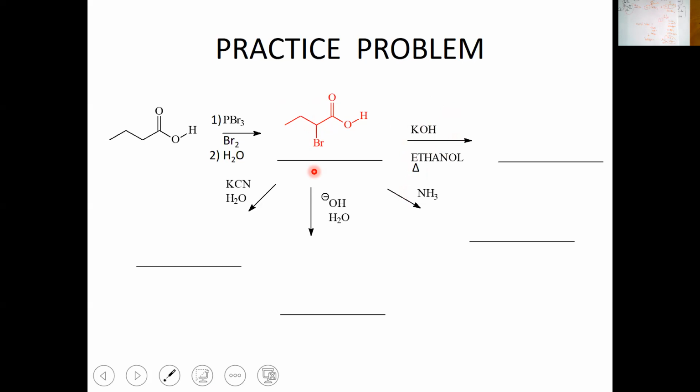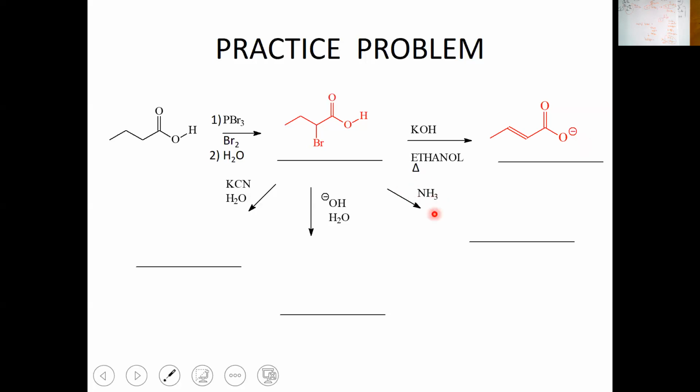Yes. And I'm even heating it to indicate that I want to do elimination, E2. So I get elimination. Alkene is formed. But what? Why is it a carboxylate, not a carboxylic acid? Well, because it's all in hydroxide. That's a base. Deprotonate that carboxylic acid for sure.